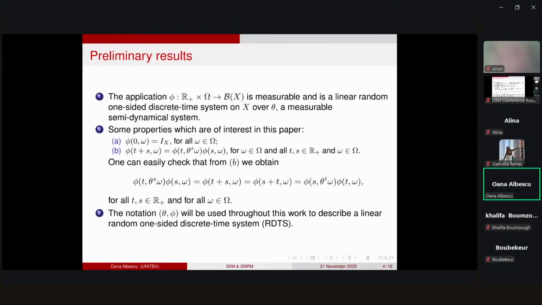On the next slide, the application phi maps and defines a linear random one-sided discrete time system on X over theta, which is a measurable semi-dynamical system. Throughout the paper, we denote the system simply by theta phi, RDTS.